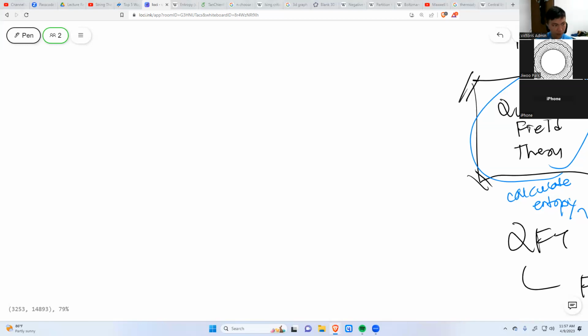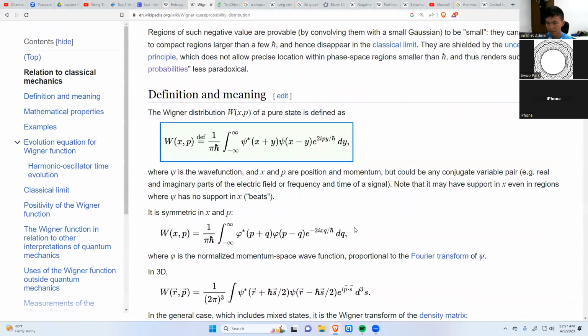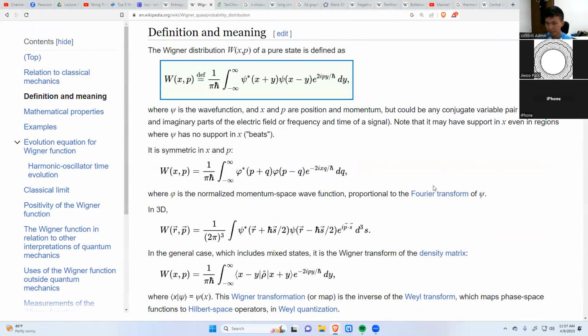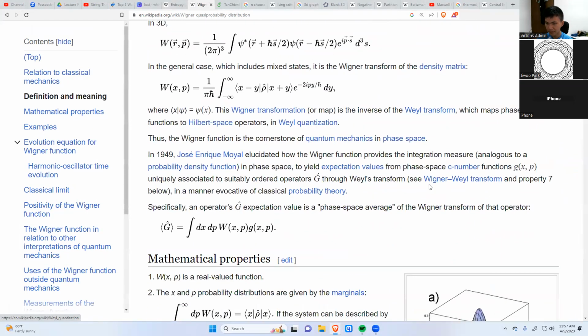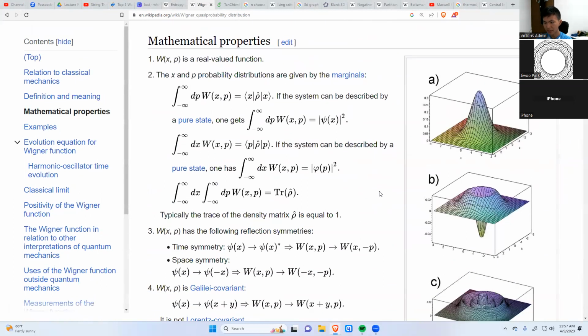The Wigner function, if it rings a bell, the Wigner quasi probability. Yeah, I know. It's a pseudo distribution.